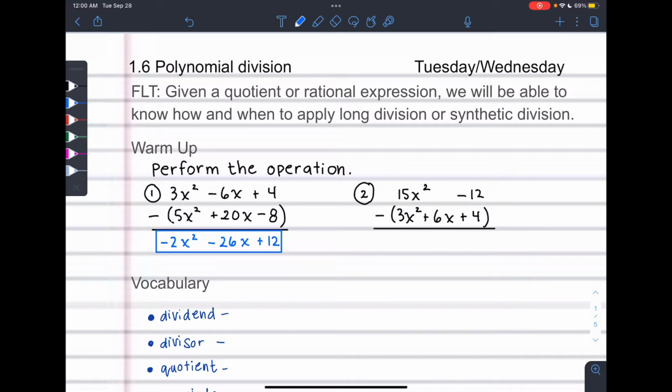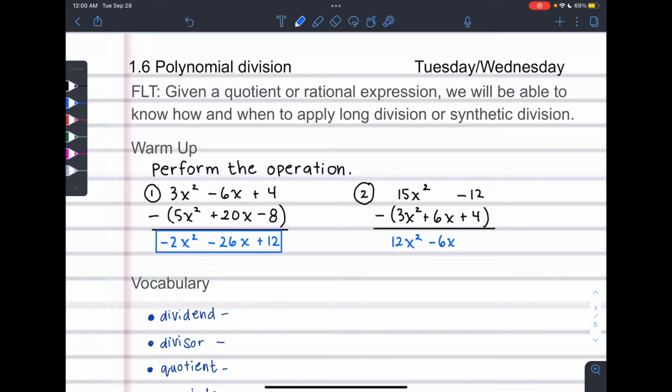But with 15x squared minus 12 minus 3x squared plus 6x plus 4, 15x squared minus 3x squared gives us 12x squared. 0, right? Nothing minus 6x will give us minus 6x.